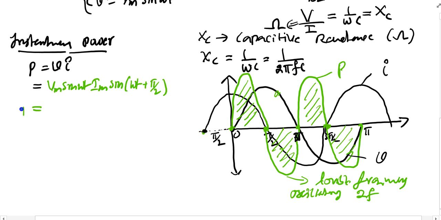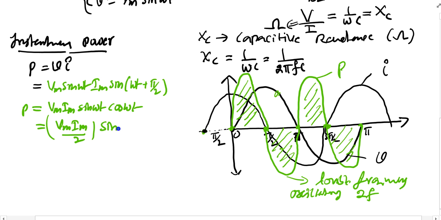Doing some simplification of this equation, you get Vm Im by 2 times sin 2 omega t. I'm simply using some trigonometric identities here, and this is what I'm getting. By seeing this value, you can say the frequency of the instantaneous power is double the frequency.